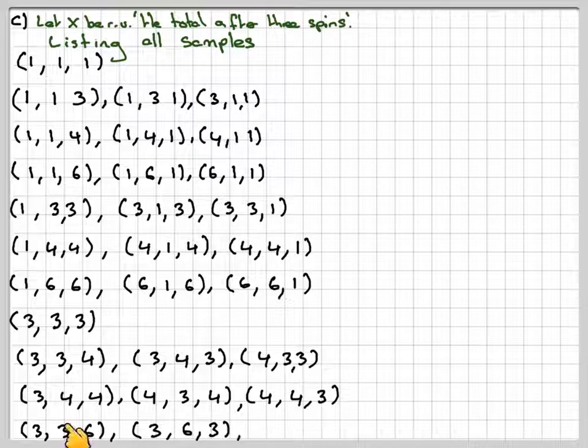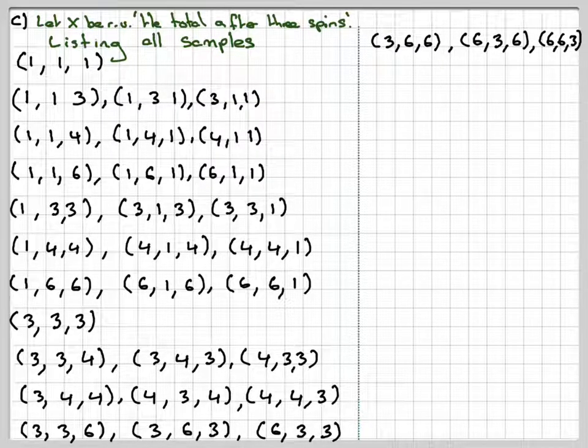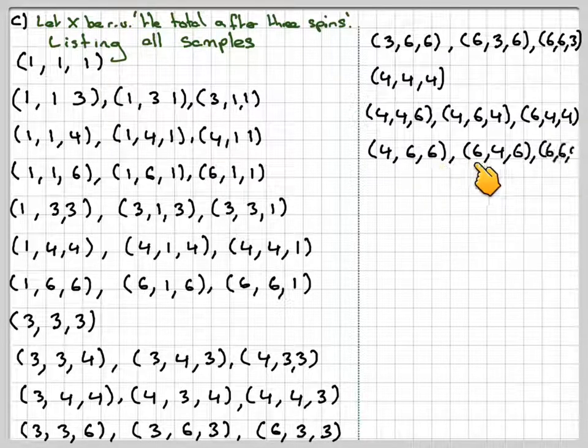Then 3, 3, 6, 3 different ways, and then 3, 6, 6, 3 different ways. Now I'm going to do the ones with 4, but I don't have to worry about the ones with 3 and 1 because I've already done them. So we've got 446, 464, 644, and then 466, 646, 664. We've done all the ones with 6 except 666.